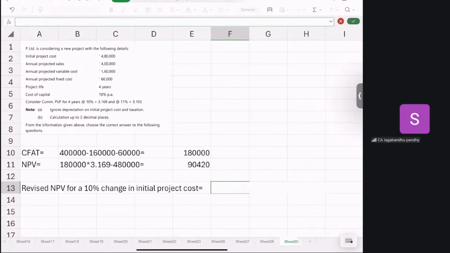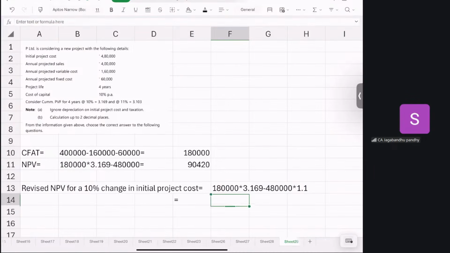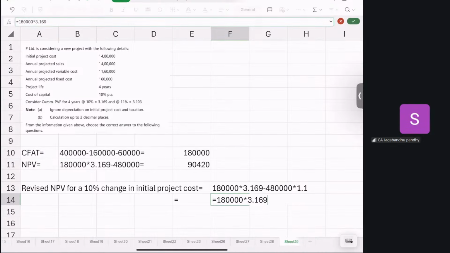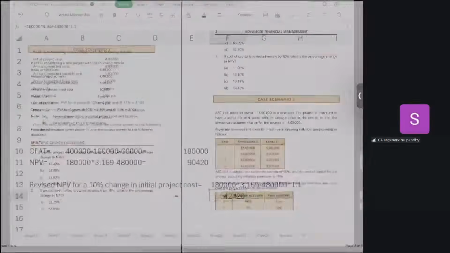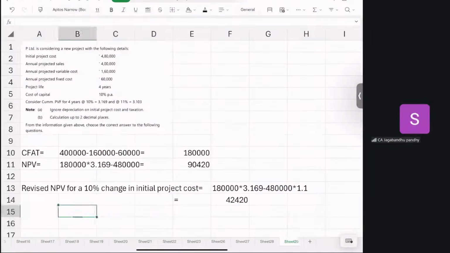But the NPV is going to be now 1,80,000 into 3.169 minus 4,80,000, there's a change of 10%, so into 1.1. 1,80,000 into 3.169 minus 4,80,000 into 1.1, 42,420. Right. So we want to know what's the percentage change in NPV happening.